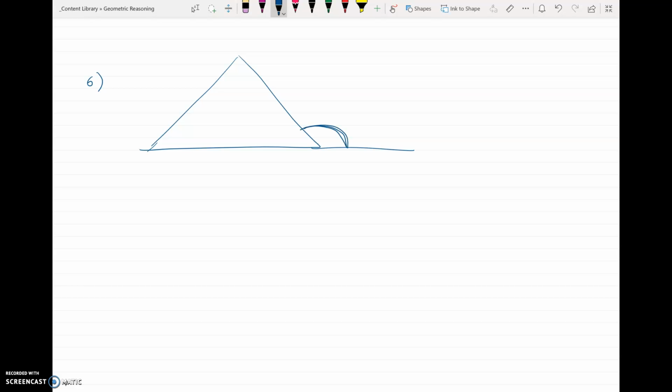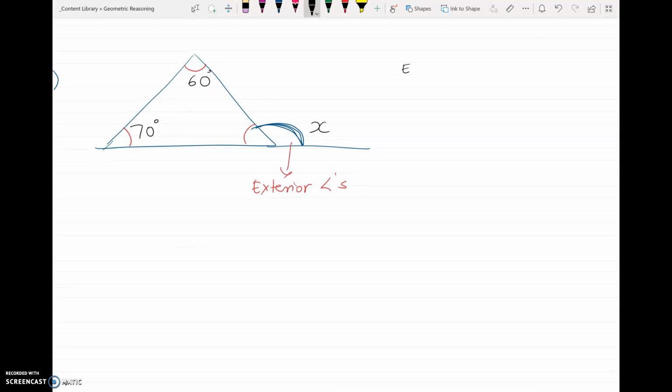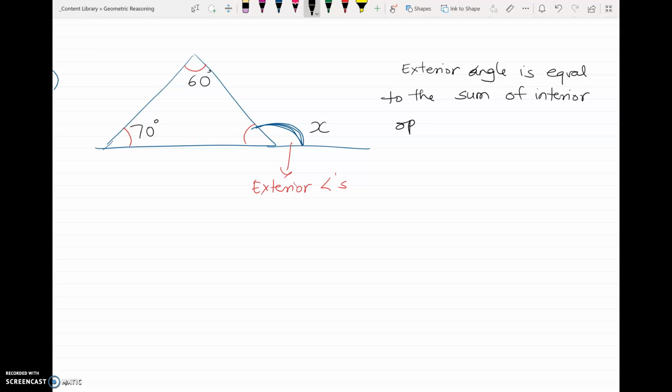So the angles that are outside of the triangle, they have a special name and we call them exterior angles. The angles that are inside are called the interior angles. So the rule here is, if I have to find that exterior angle and I know the interior angles, the rule is that the exterior angle of a triangle is equal to the sum of interior opposite angles.